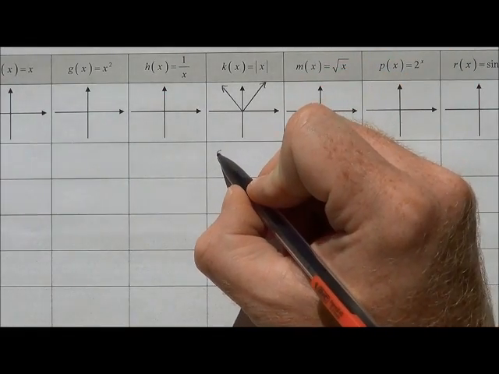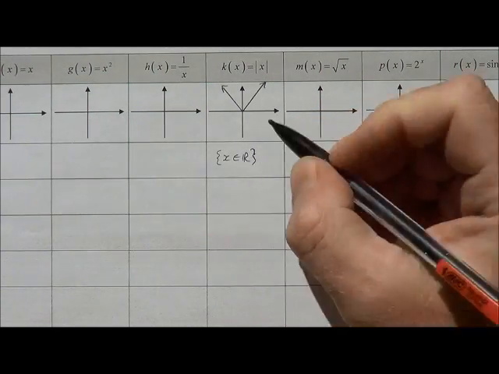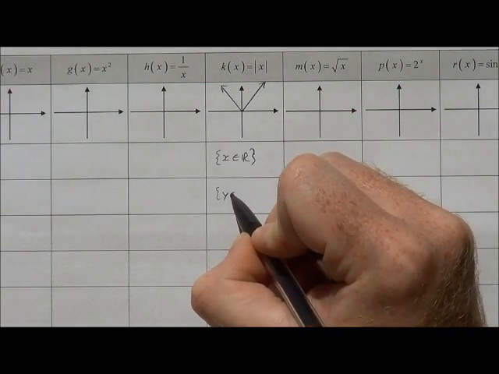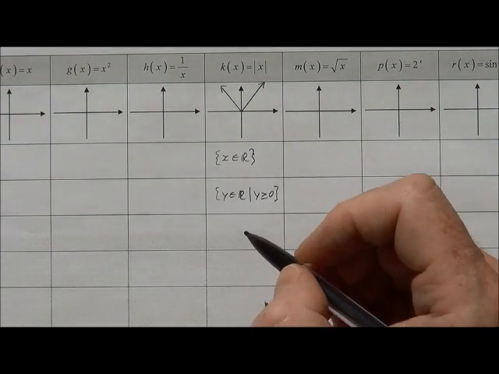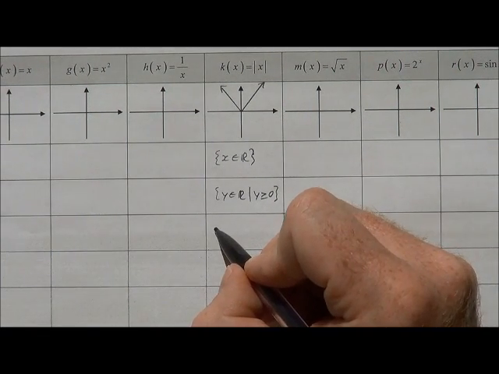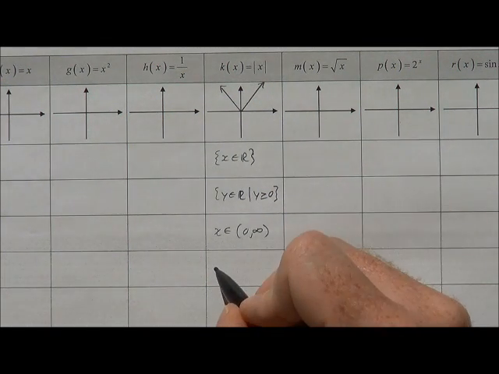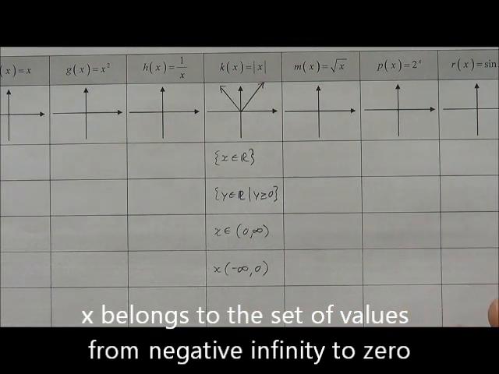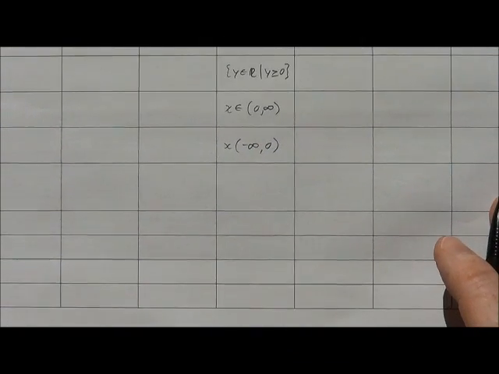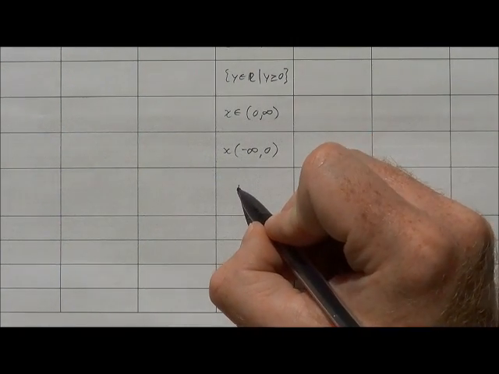So the domain, x is an element of all real numbers. The range, y is an element of all real numbers such that y is greater than or equal to 0. Intervals of increase, decrease, location of discontinuities and asymptotes, well, there are none.